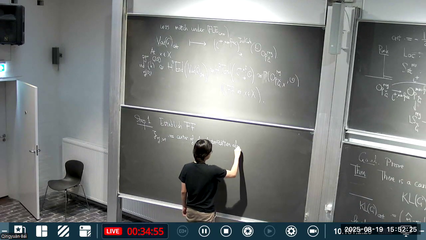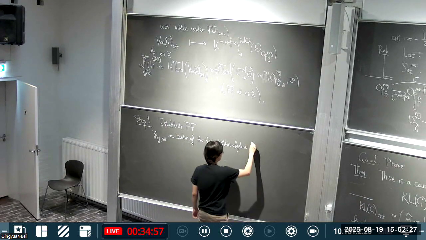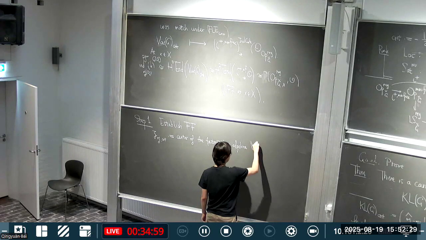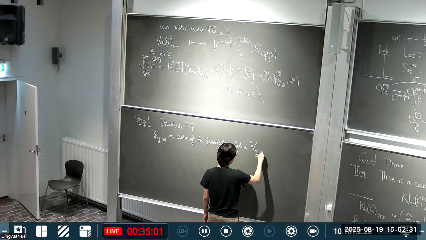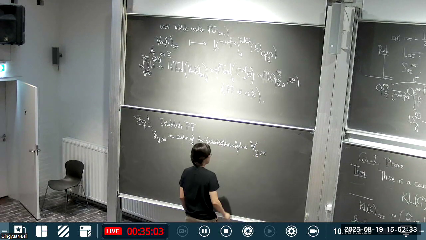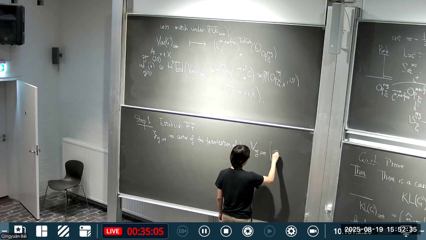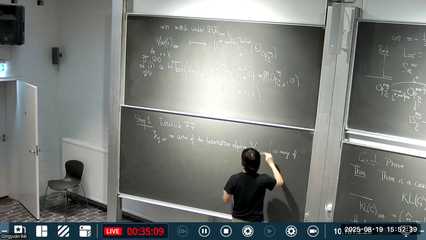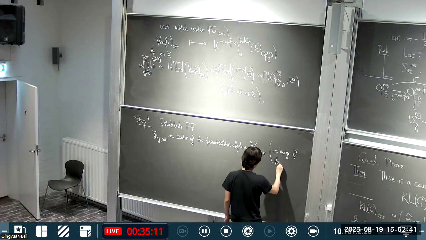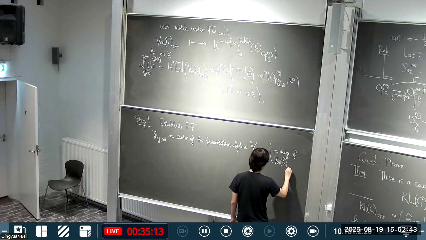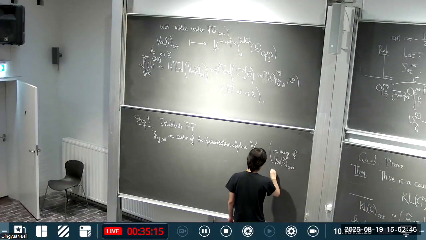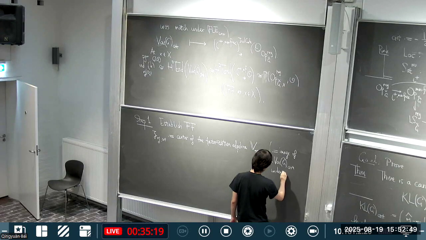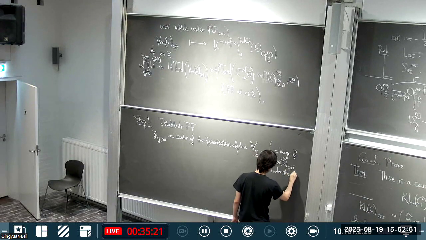This is I think called V_G from Kevin's talk, and this is by definition the image of that vacuum under the forgetful functor, which gives you a factorization algebra, under the forgetful functor to vacuum.